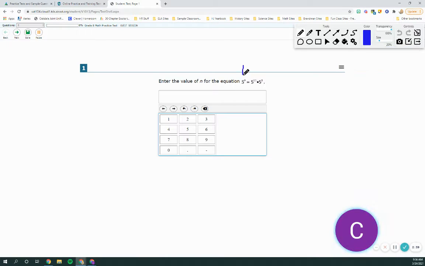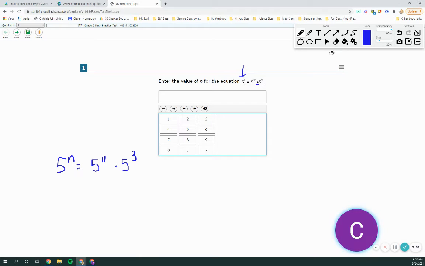So we're solving for this n right here, and we're multiplying. Remember that dot means to multiply. So it wants to know 5 to the n equals 5 to the 11th power times 5 to the 3rd power.